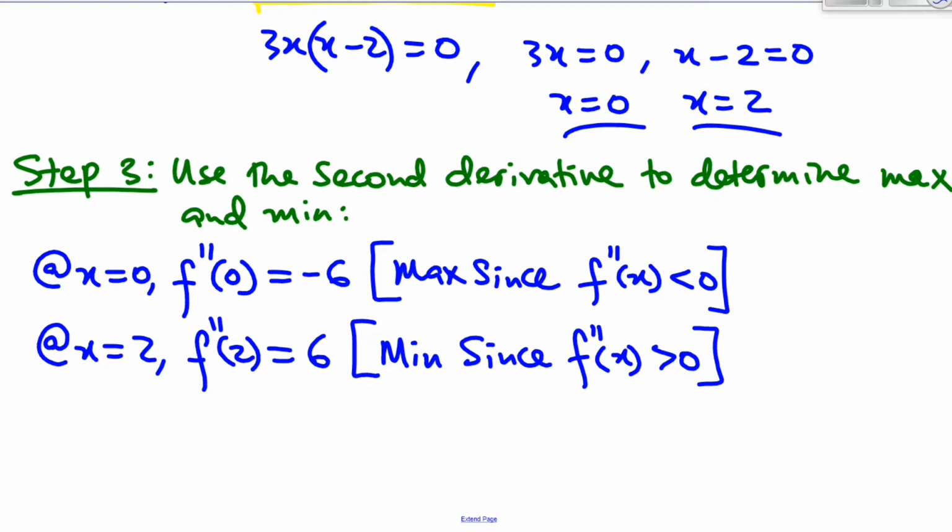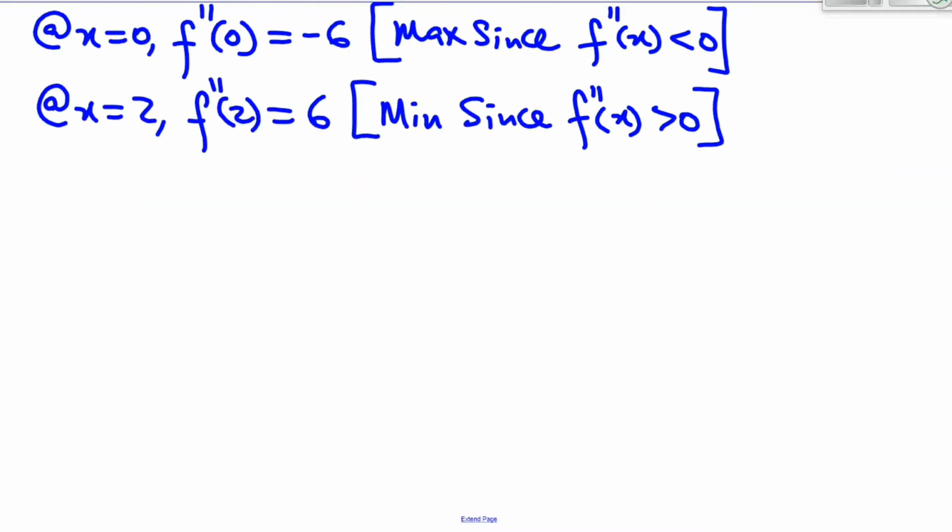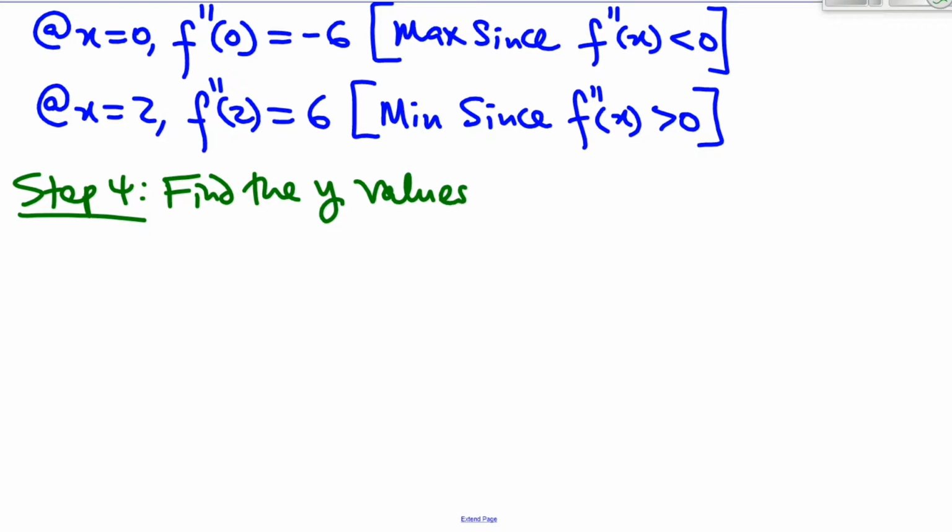And then step 4, what we need to do now is to find the y values. Find the y coordinates. So we need to find the y values, which means we just need to plug 0 into the original function.